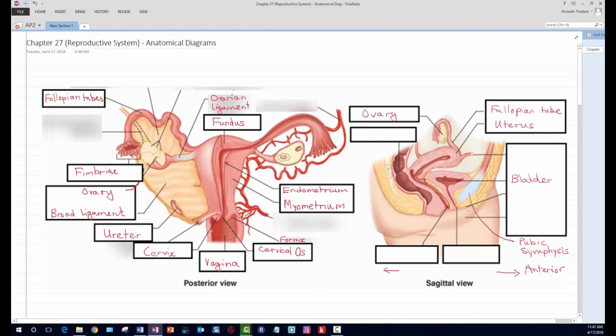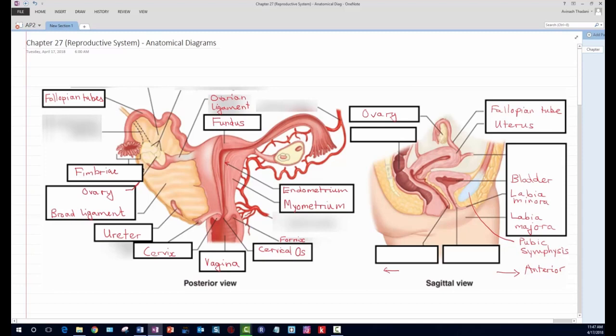But these structures, I think they are pointing to the external genitalia of the female, so that should represent the labia minora, and that's the labia majora over there.